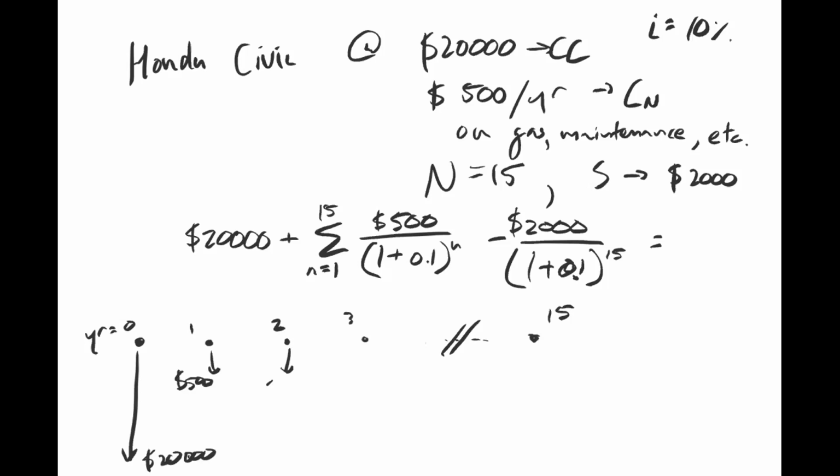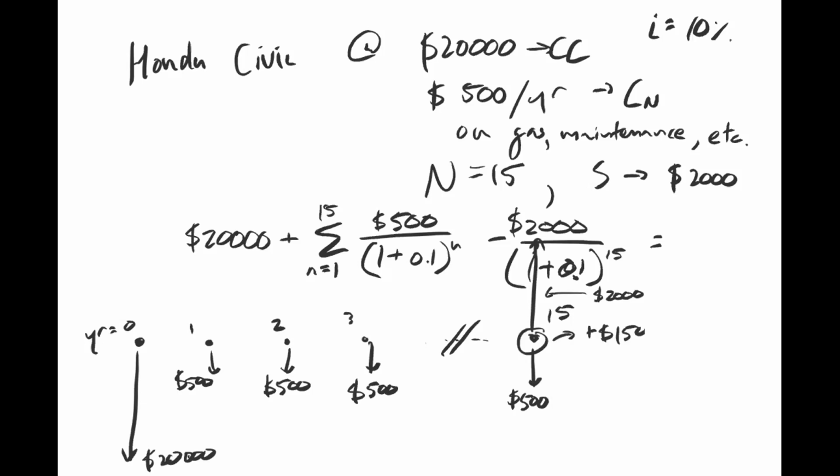In year 2, it's 500, and so on and so forth. And then in year 15, it's 500 payment, but you also get a big positive, and that's $2,000. So the delta would be plus 1,500. So here this is plus 1,500.